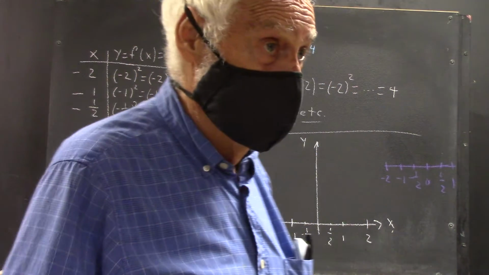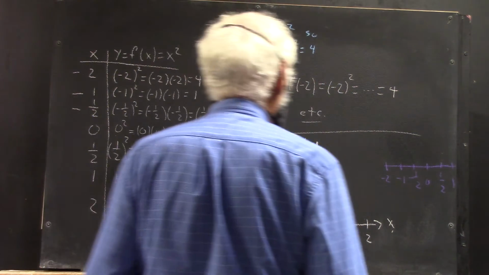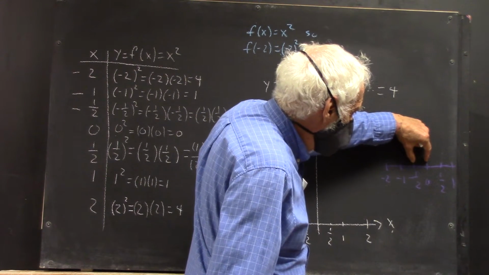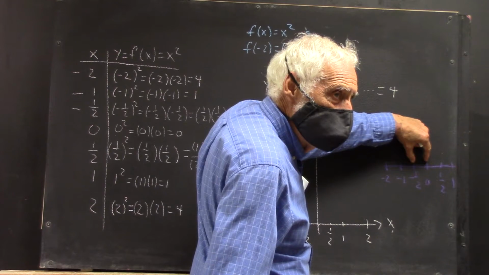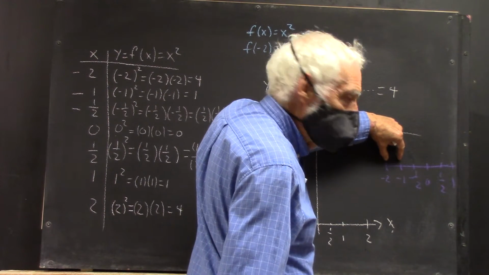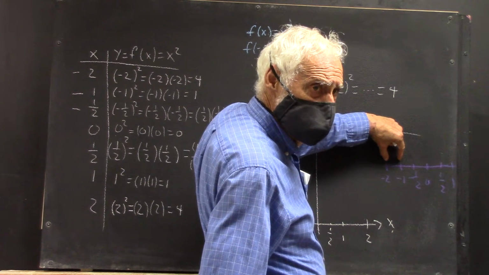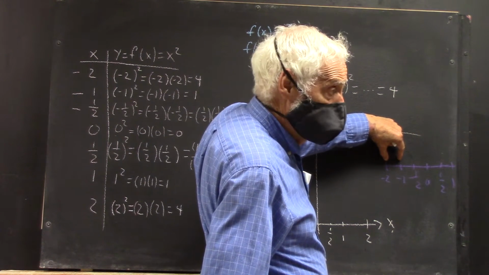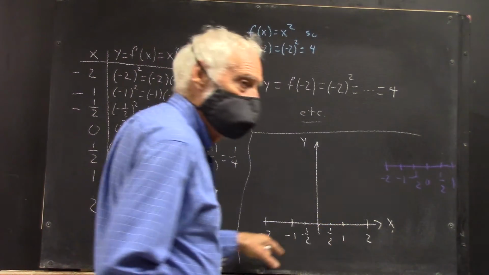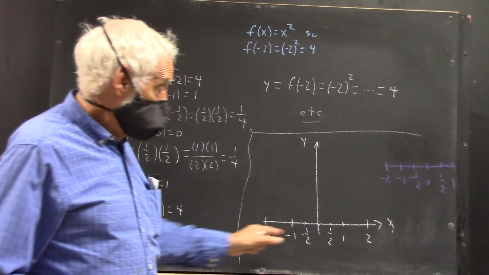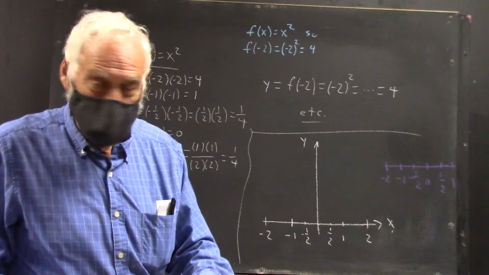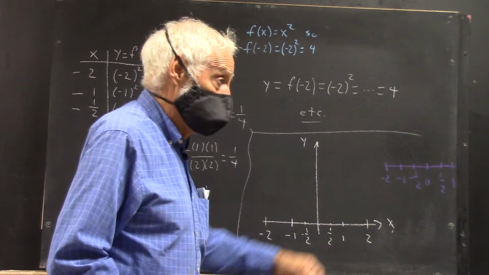Okay? From 1/2, negative 1/2 to 0, on this picture, is the same distance from negative 2 to negative 1. It's not going to work. You're not going to get the right shape of the graph. So you've got to be careful how you lay out the graph and make sure that one unit here is the same as one unit somewhere else on the x-axis.